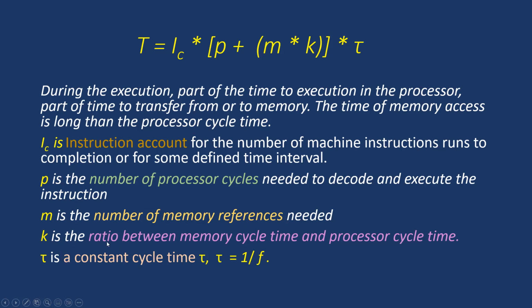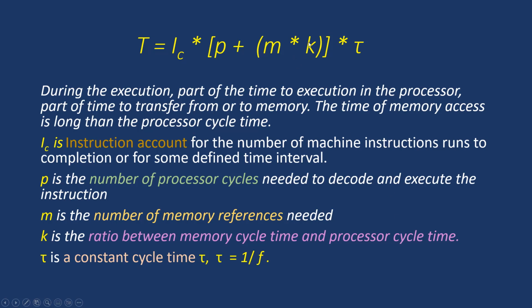The key, k, is the ratio between memory cycle time and processor cycle time. Memory cycle time is always longer than processor cycle time. Tau is a constant cycle time, that is 1 over the frequency. So basically, how many times you access memory is multiplied by k, the ratio of the memory time to the processor time.